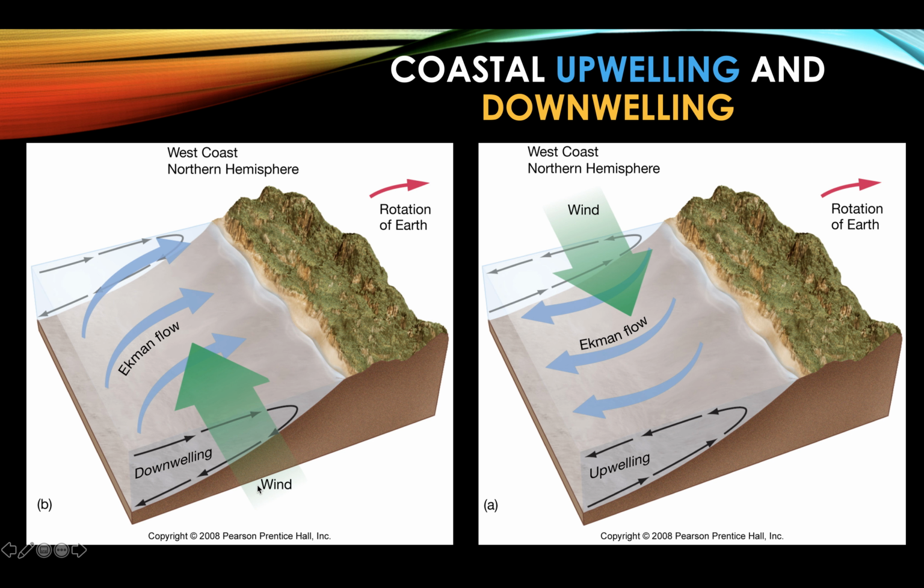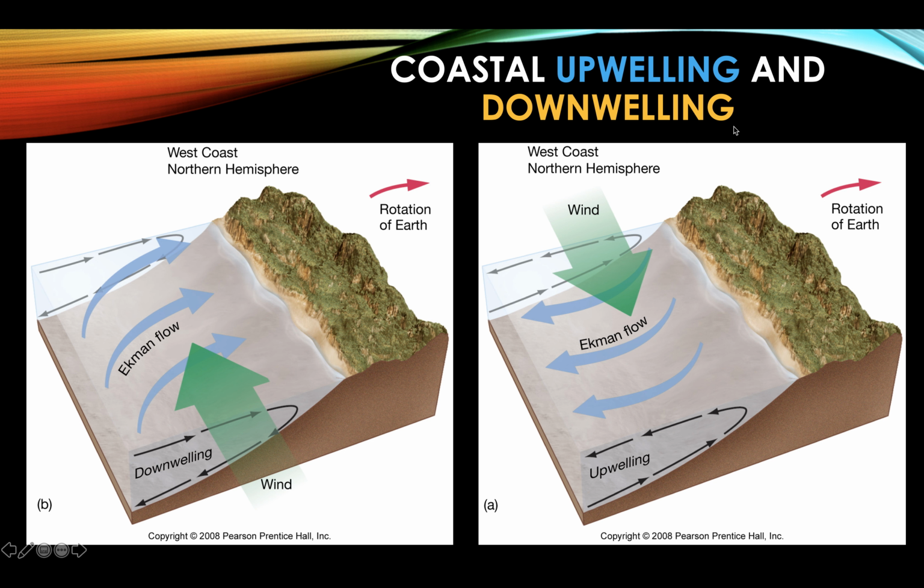We know from a couple slides ago that the Ekman transport is 90 degrees from the wind direction. All right, so here we can see that would mean we would have flow to the right and towards the coastline. So where you have Ekman transport meeting a coastline, you have an area of downwelling. This water has no place to go, so it goes down.